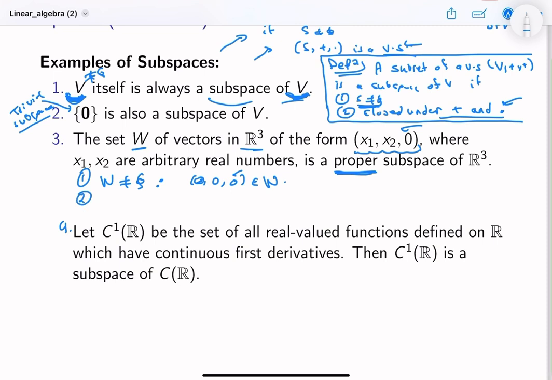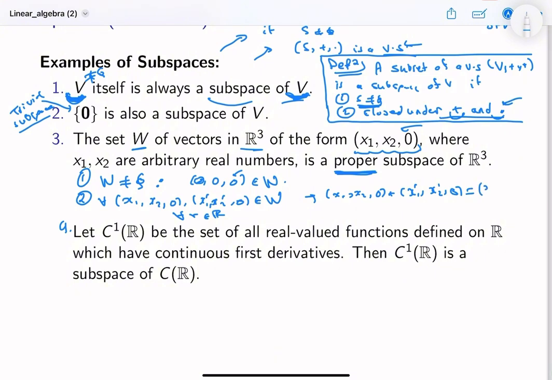So the second property that we need to check is that it's closed under addition and scalar multiplication. Well, also it is, because if you take any two elements in omega, (x1, x2, 0) and (x1', x2', 0), and let's say any real number r, first of all, under addition, it's clear that if you add these two, what do you get?